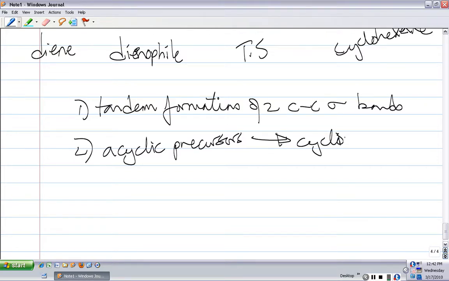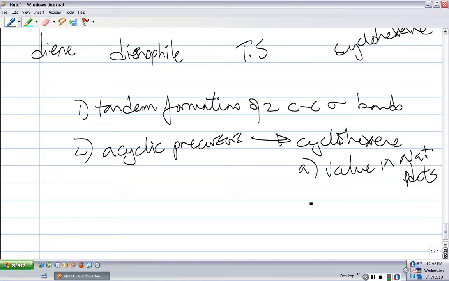I'd also say cyclohexene. So it's cyclic, but the fact that it's a cyclohexyl species means it has value because it allows us to synthesize natural products, so value in natural products, and also because it's an alkene, it has retained functionality.